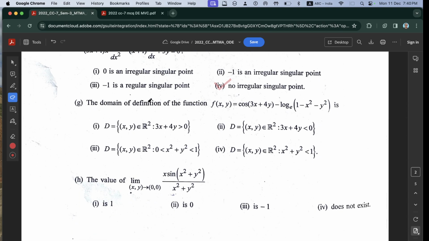Question G. The domain of definition of the function f(x,y) = cos(3x plus 4y) minus log to the base e of (1 minus x square minus y square) is what?